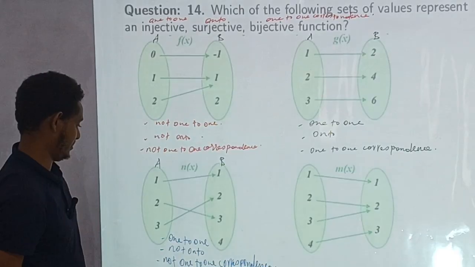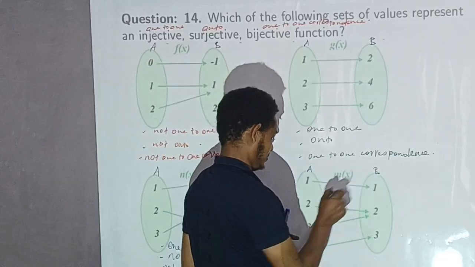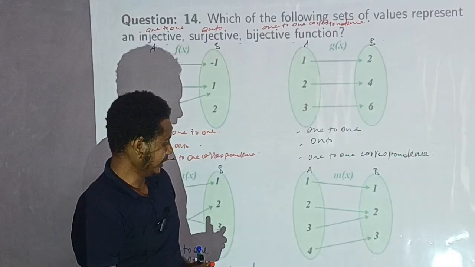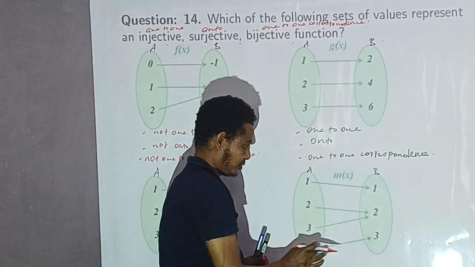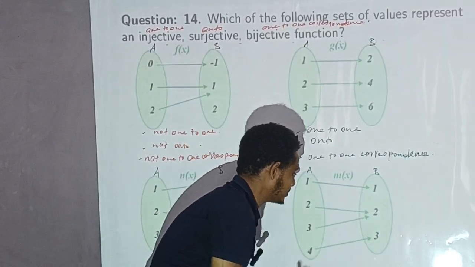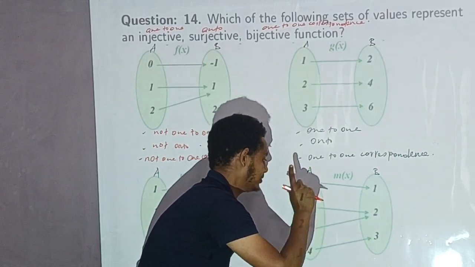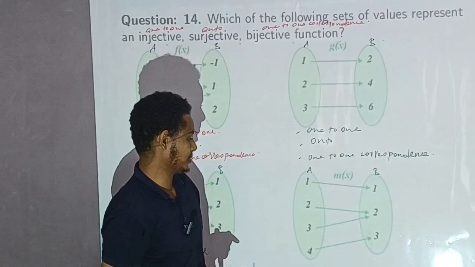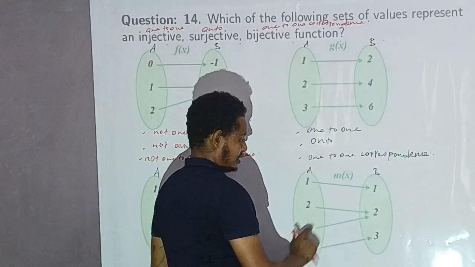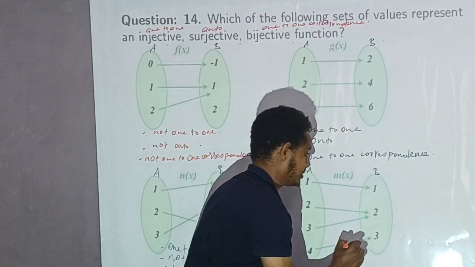Okay, the last one, let's see. This is A, this is B. The function maps from A to B, so let's check whether it is one-to-one, or injective. 2 is paired with 2, and 3 is paired with 2, so one range element has 2 preimages in the domain. So it is not one-to-one, because m of 2 is 2 and m of 3 is 2, but 2 is different from 3.